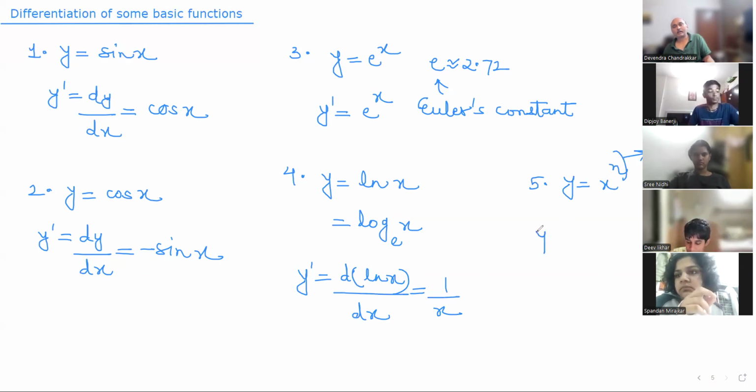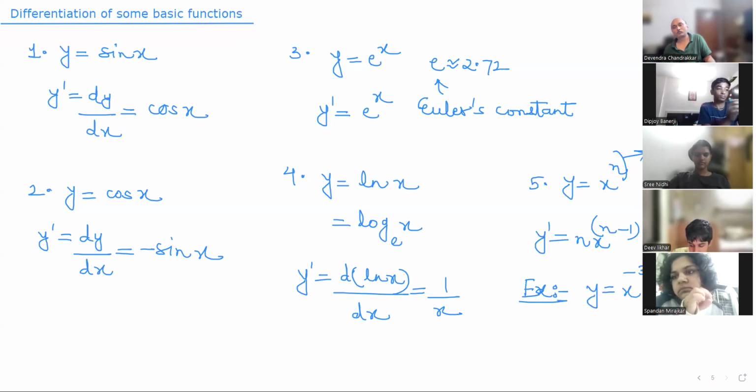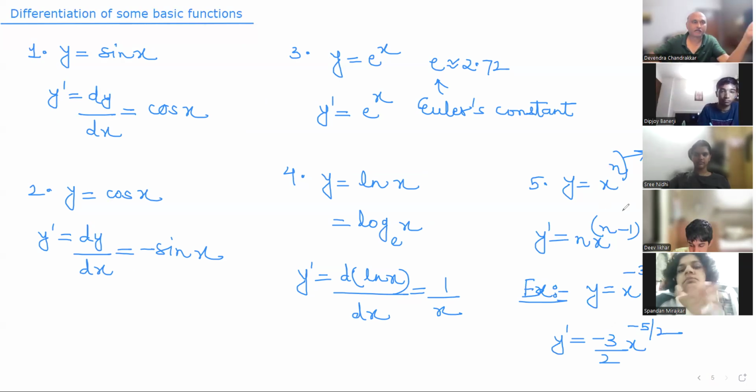We write this as y dash is equal to nx to the power n minus 1. For example, if y is equal to x to the power minus 3 by 2, y dash is minus 3 by 2 x to the power minus 5 by 2. n has to be constant, right? Yes, sir.